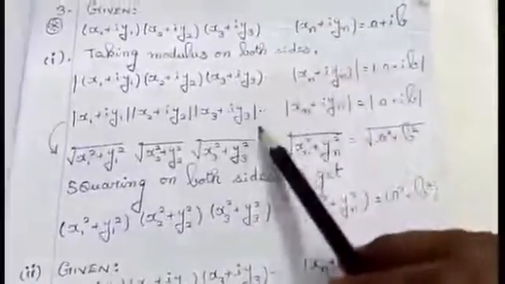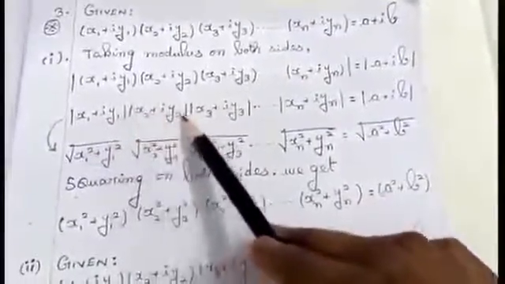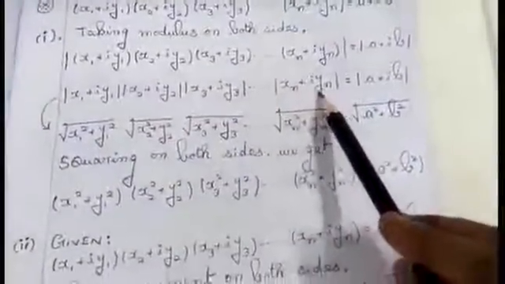Second step, I take the modulus separately for each complex number: modulus of x1 plus iy1, modulus of x2 plus iy2, and so on till modulus of xn plus iyn equals modulus of a plus ib.